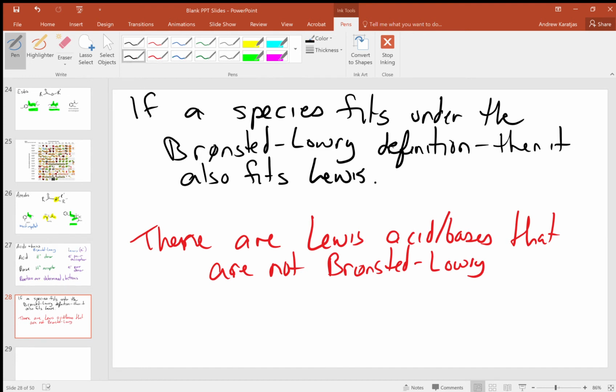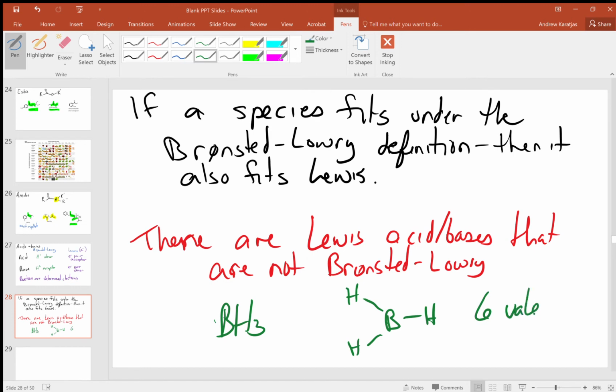One of the most common examples we talk about is the compound BH3. So boron, you may remember, being in group 13, is one of these exceptions to the octet rule. It only has 6 valence electrons. Because it only has 6 valence electrons, it has an empty p orbital.